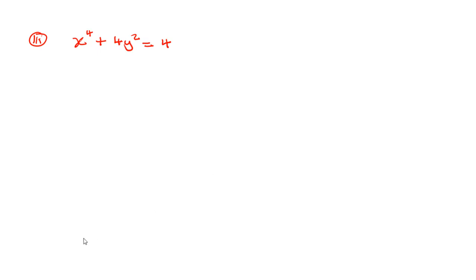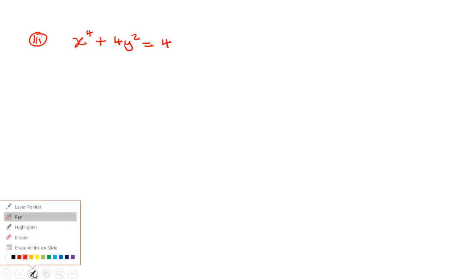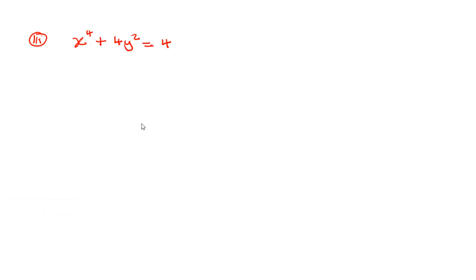For you to work on that, you need to have knowledge on how to find the derivative of implicit functions. This is a very easy question you can handle. You write down x to the power 4 plus 4y squared is equal to 4.